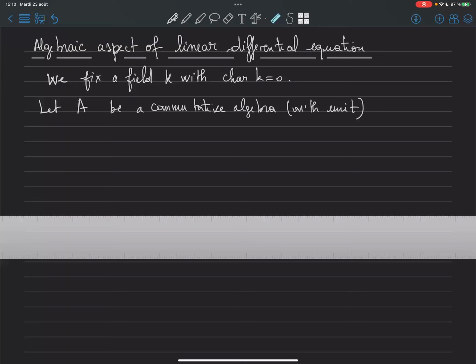And the derivation, which means that if I take two elements, it satisfies the Leibniz rule. By K derivation, I just mean that it's K-linear, that it's scalar.